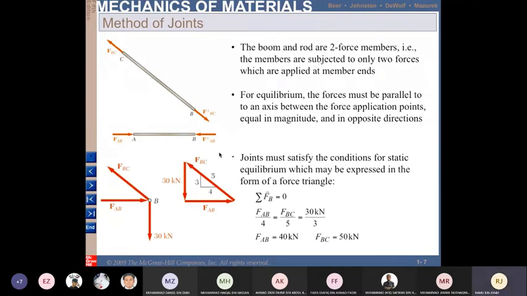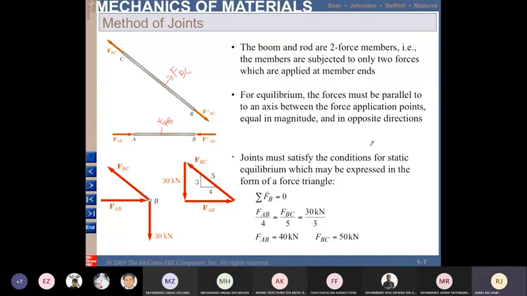Okay, in order to find FBC and FAB, you use the triangle, the Pythagoras theorem.